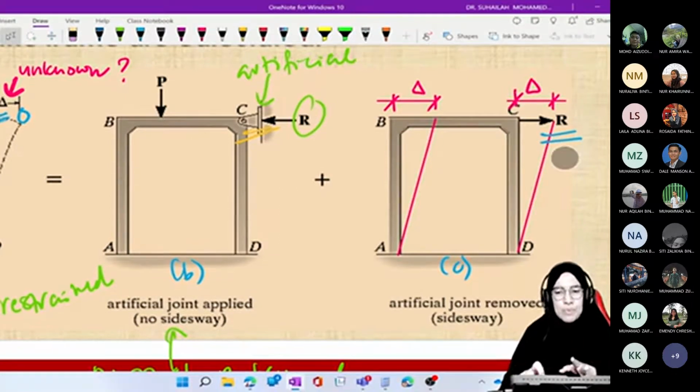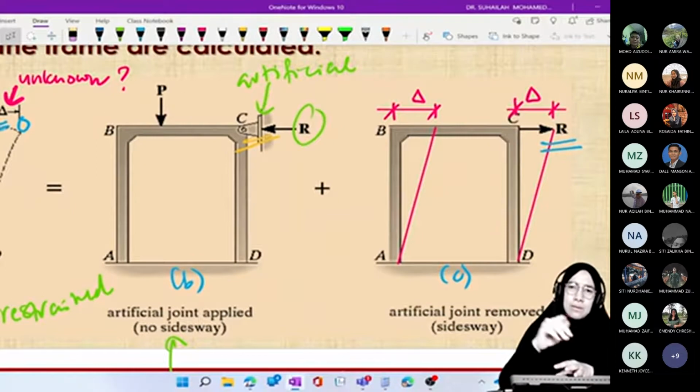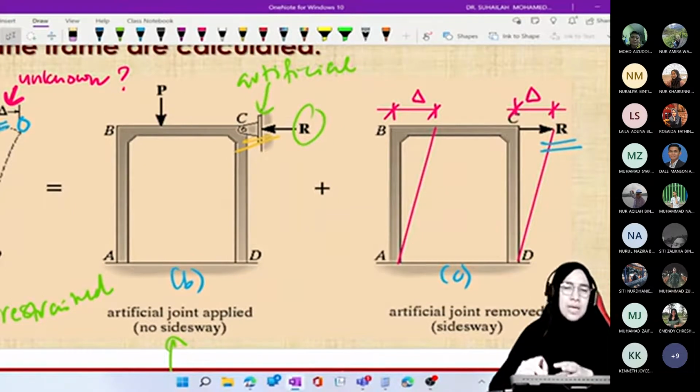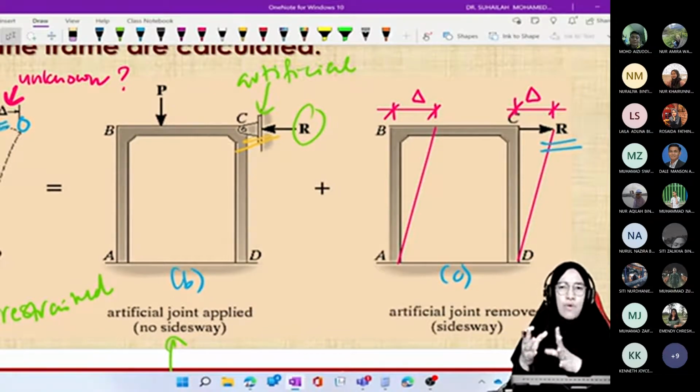Principle of superposition. And of course, you don't need to repeat the external loading into diagram C, because in diagram C we just need delta only, because we will focus diagram C for sidesway frame analysis, and B, we focus on non-sidesway frame.